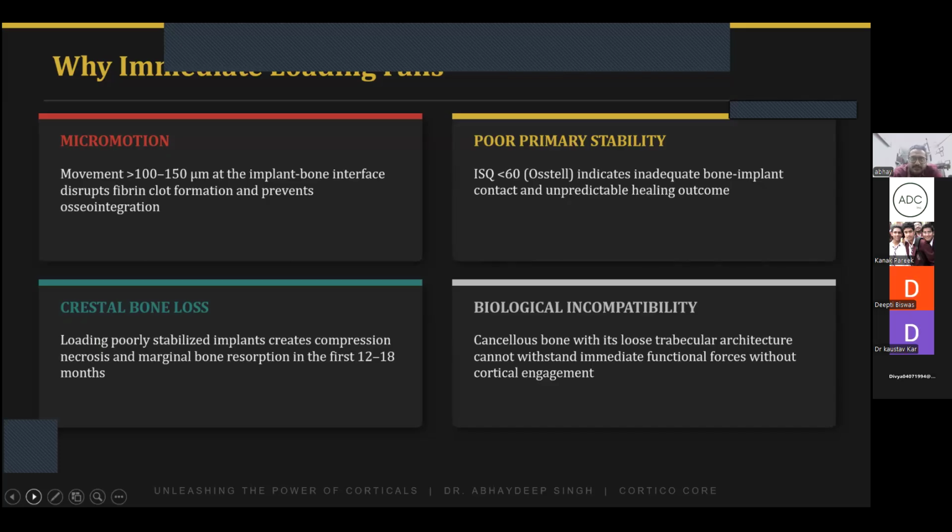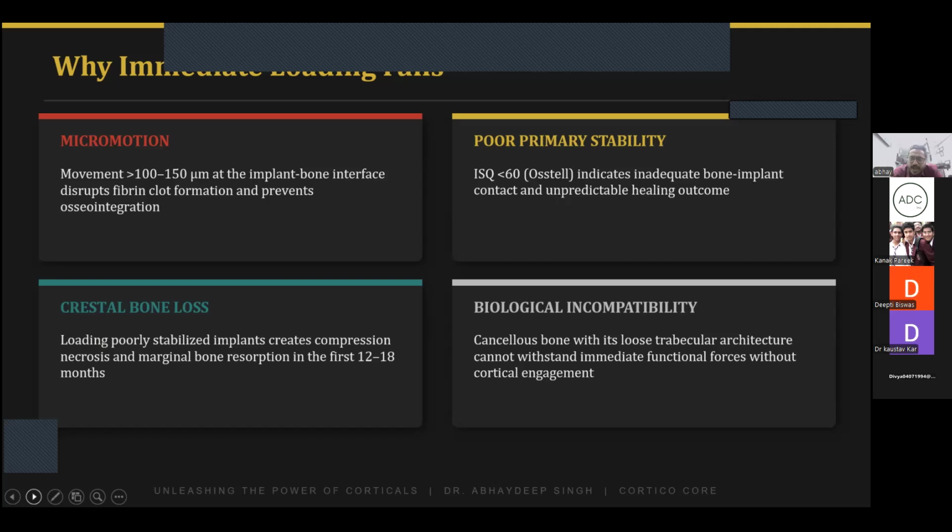You might achieve 40, 45, 50, 60 Ncm torque. The ISQ value, the primary stability for the two-piece implants, is usually lower, around 60. ISQ for these cortical implants is relatively higher. We go beyond 70, 80, 90 and achieve high primary stability in the cortical bone.